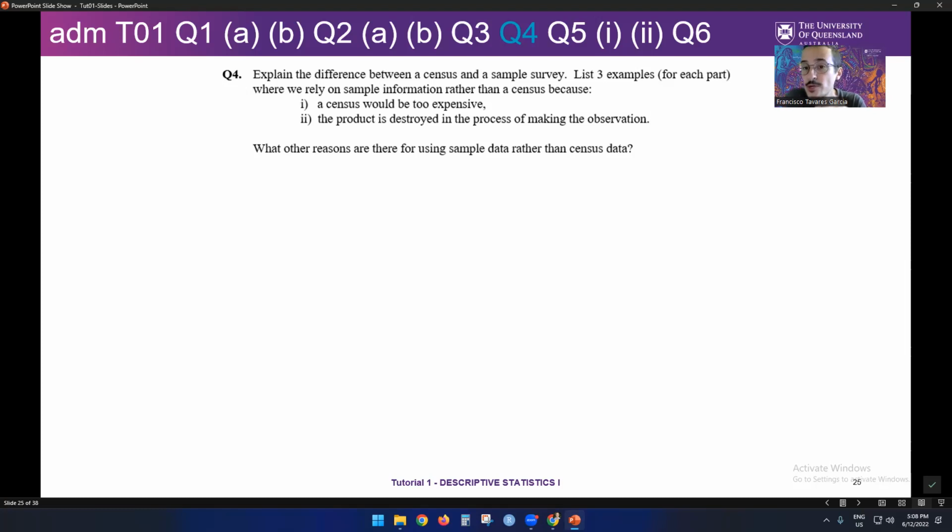Then list 3 examples where we rely on sample information rather than a census, because on one side, a census would be too expensive to do, and on the other side, the product is destroyed in the process of making the observation. And by the end of it, what other reasons are there for using sample data rather than census data?